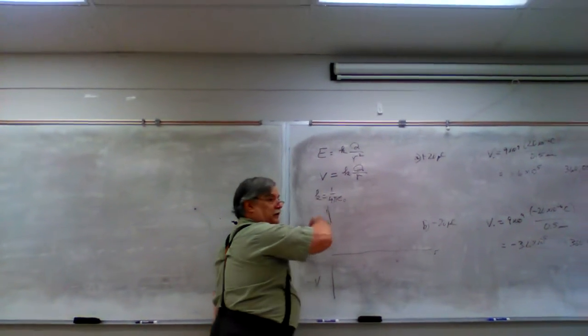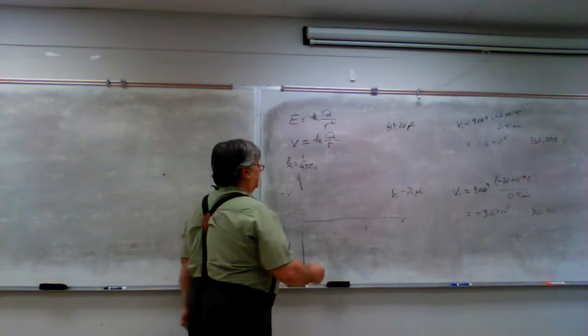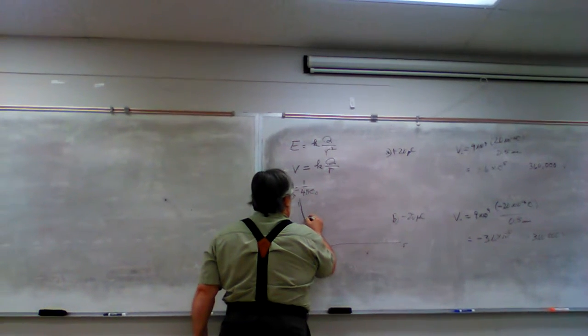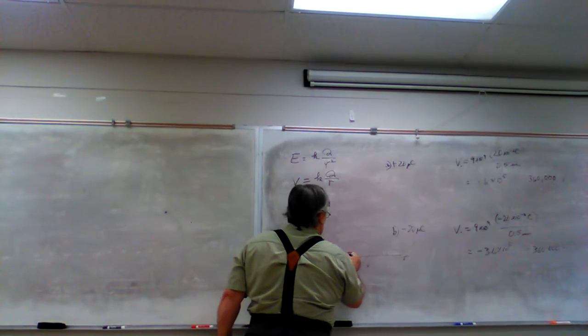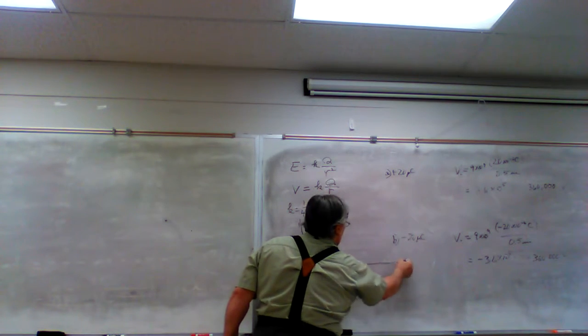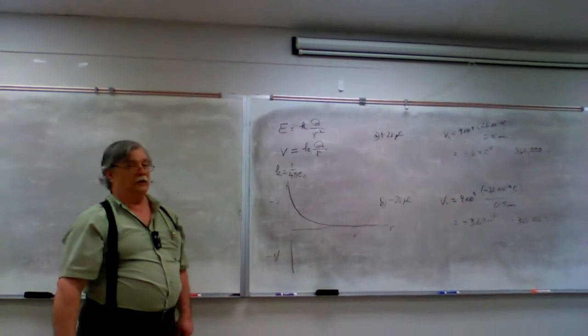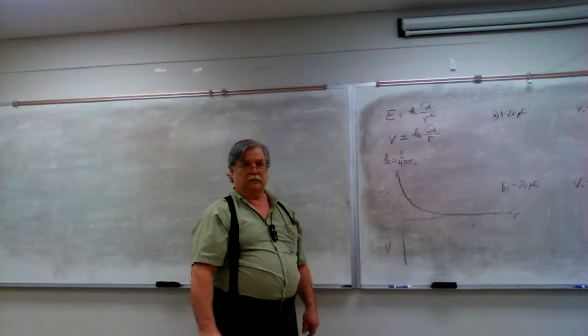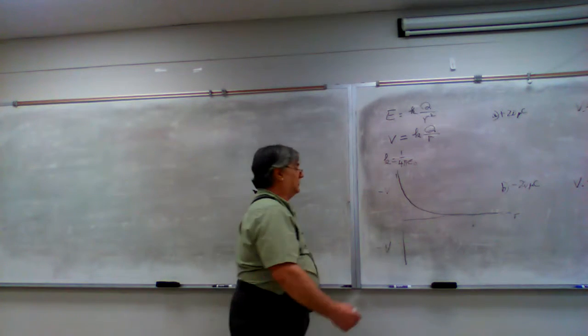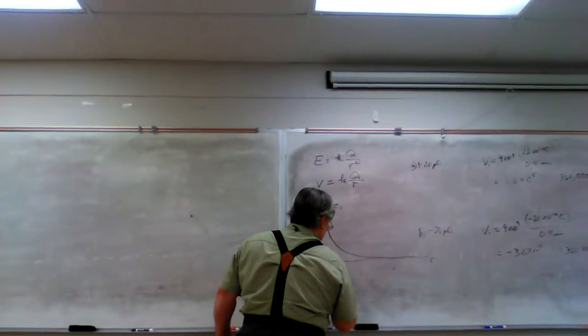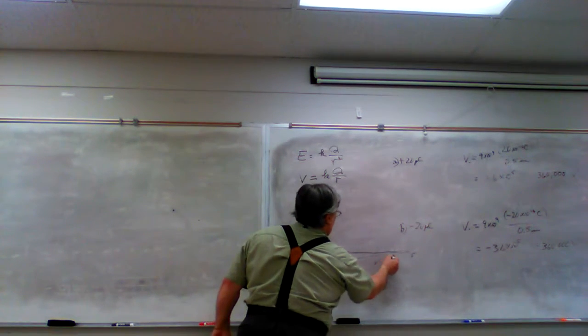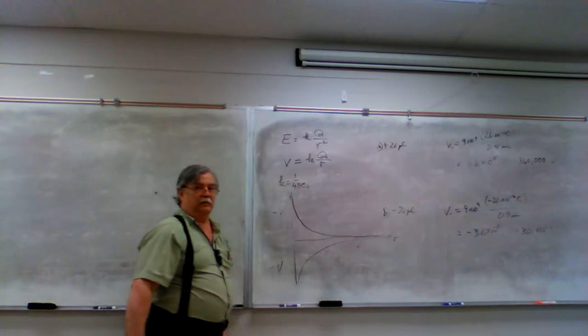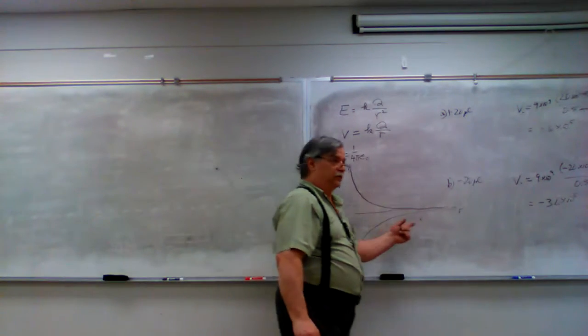It approaches infinity as you approach 0 distance. And then as R increases, it keeps getting smaller and smaller, and it does so quickly at first. The negative potential works just the opposite, and they both asymptotically approach 0.